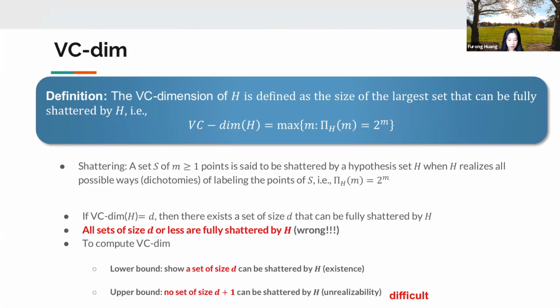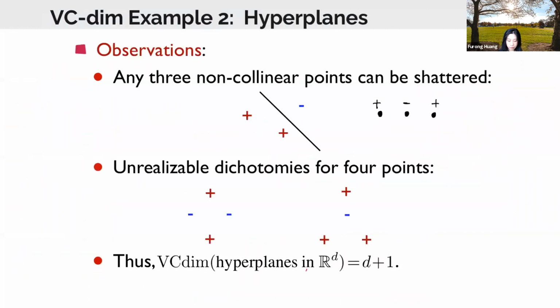In this example, if you find non-collinear points in your sample, then they will be fully shattered by H. But if you find collinear ones, they won't. Still, we say it is shattered by H because we only care about existence. As long as there exists a set of size D that can be fully shattered by H, this is going to be a lower bound, right? Is the point clear now?